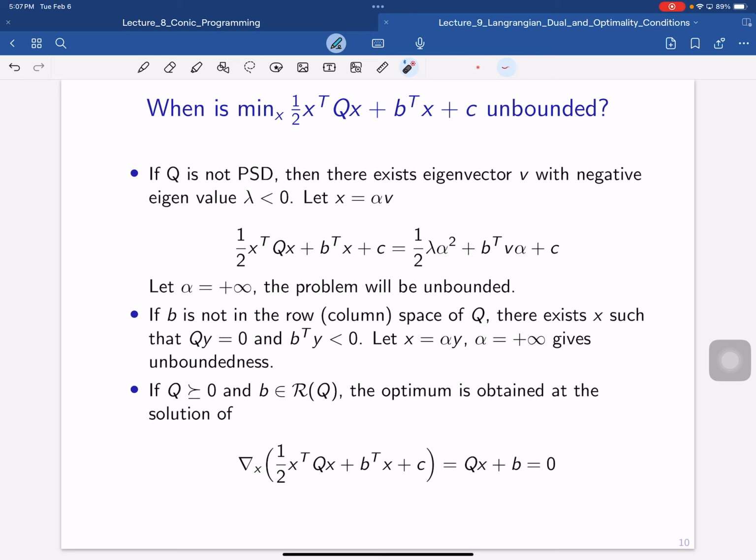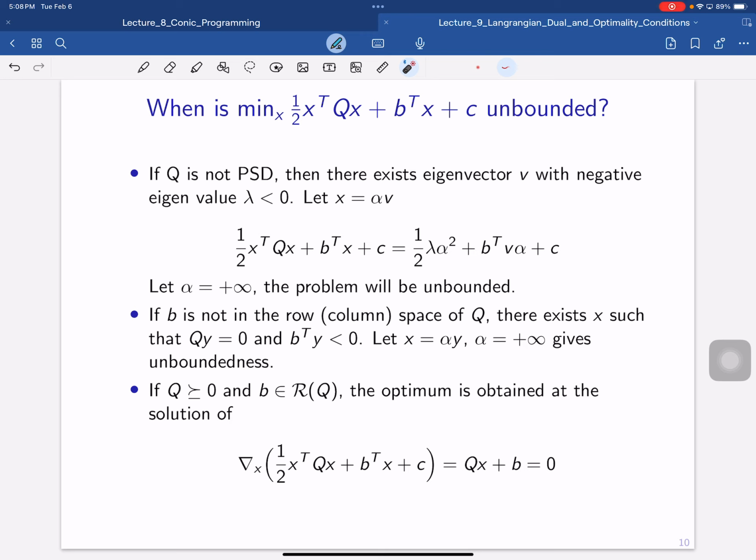This problem must have a solution because B is in the row space of Q. If B is in the row space of Q, B is also in the column space of Q because this is a symmetric matrix, and this linear system has a solution if and only if B can be expressed as a linear combination of the columns of Q. Since B is in the row space of Q, this linear system must have a solution, right?